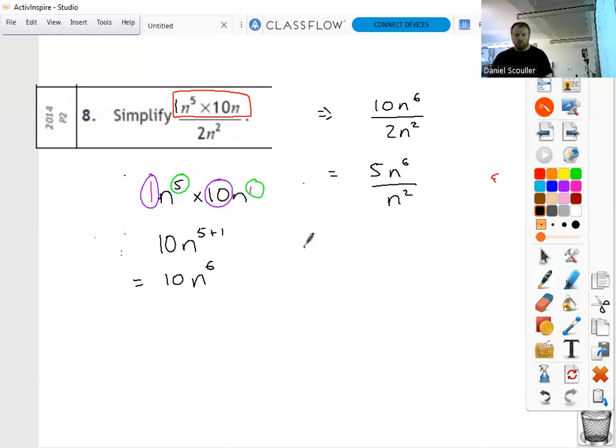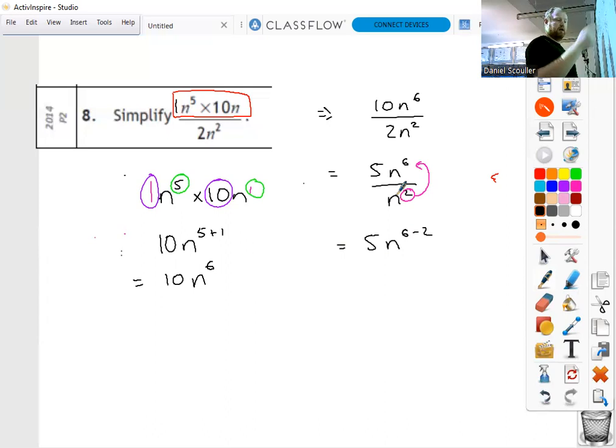Now we need to take into consideration the fact that we've got an index in the bottom of that fraction. Indices in the bottom of the fraction means that when we are simplifying it and solving it, that index, when we bring it up, becomes a negative. So that'll be 5n to the 6 minus 2.